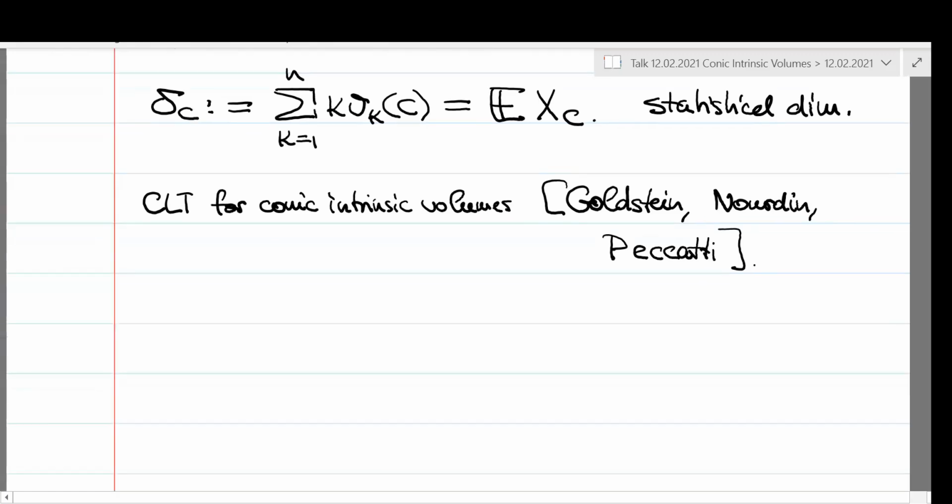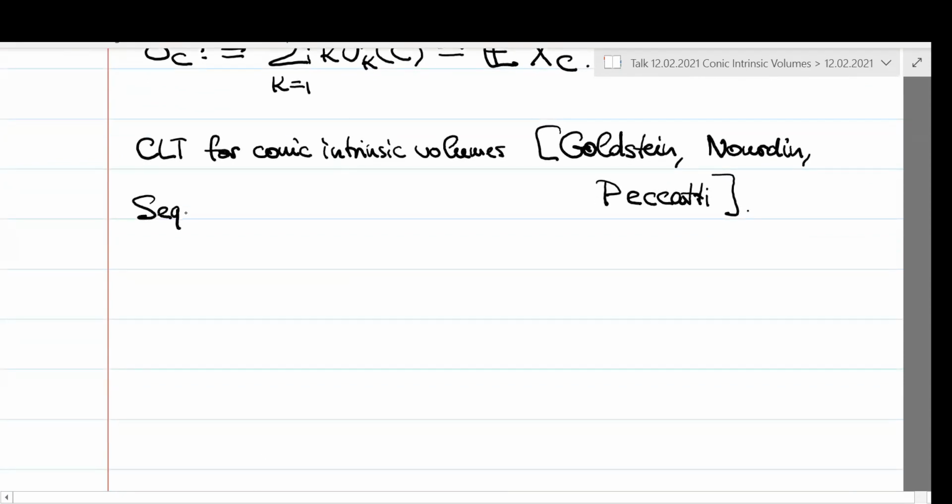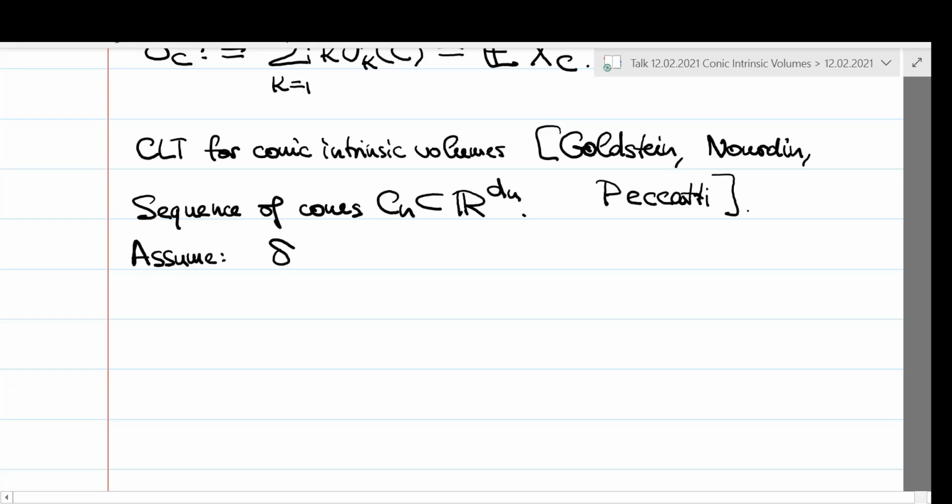It says the following: consider a sequence of cones Cn, where Cn is a cone in a space of dimension Dn, and assume that the statistical dimensions of these cones go to infinity.